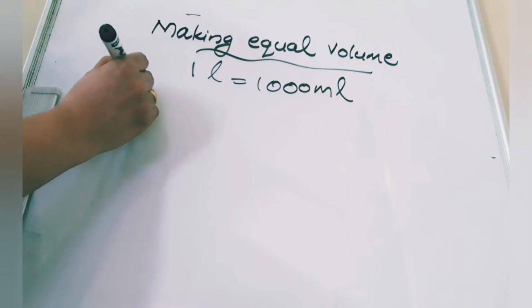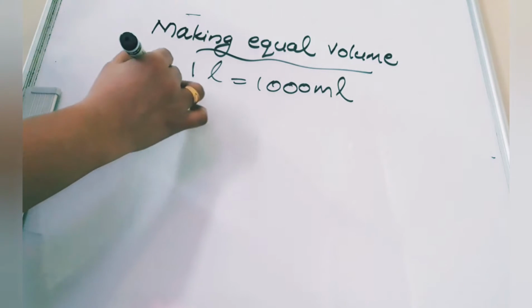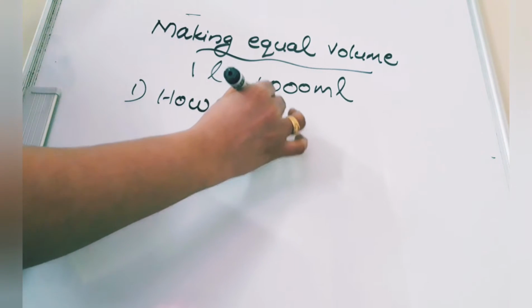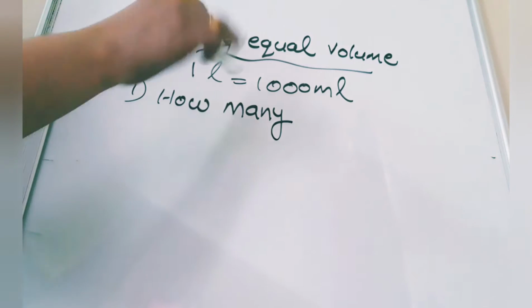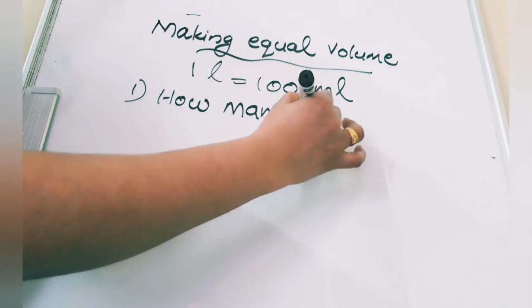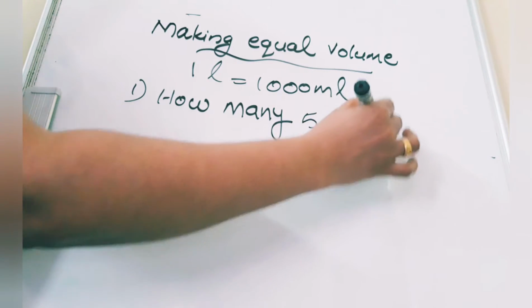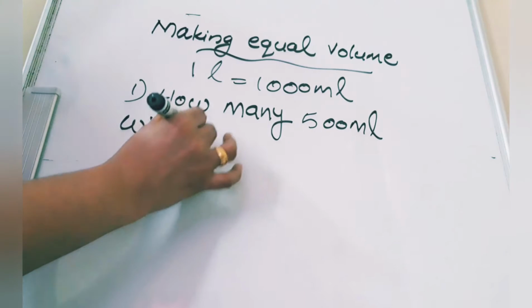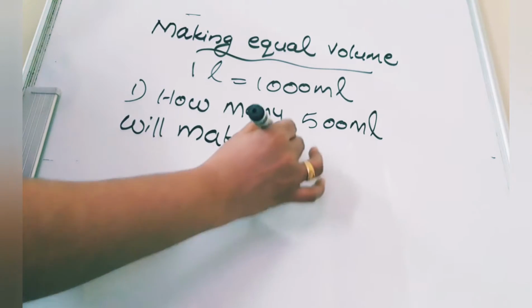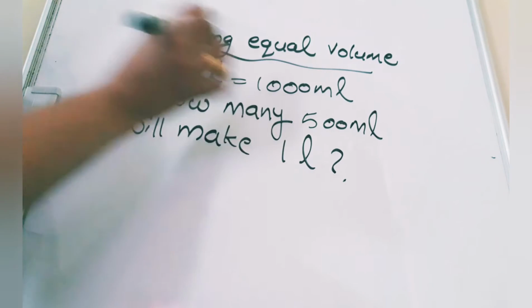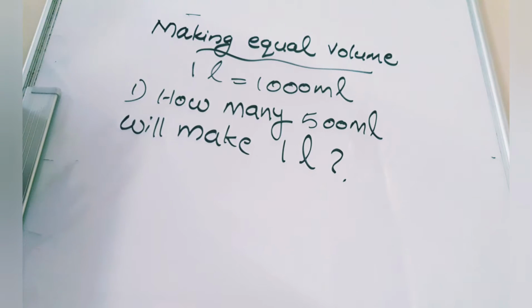For example, I will show like this. How many 500 ml will make 1 liter? In the same way we did in equal weights also. Kindly watch that video. So 1 liter means 1000 ml, that we should always keep in our mind.